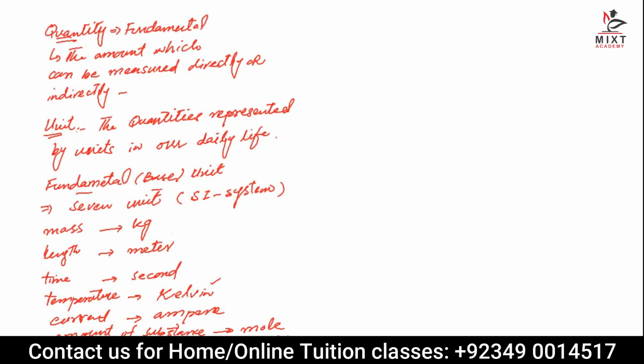That is basically coming in MCQs, asking how many base units there are in physics. So there are always 7 units, and in your course they are also called fundamental units. Other than these 7 units, those are called derived units.